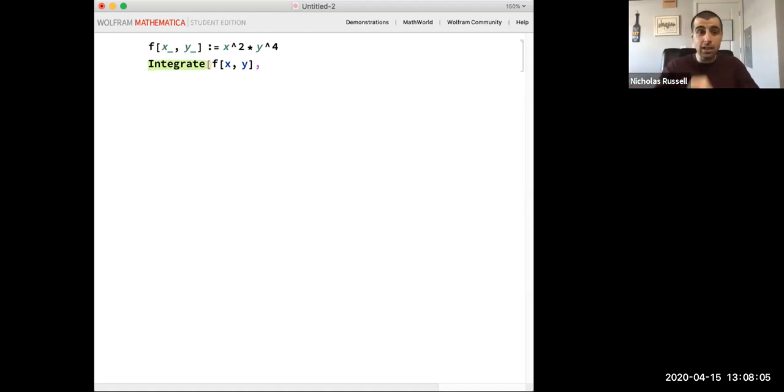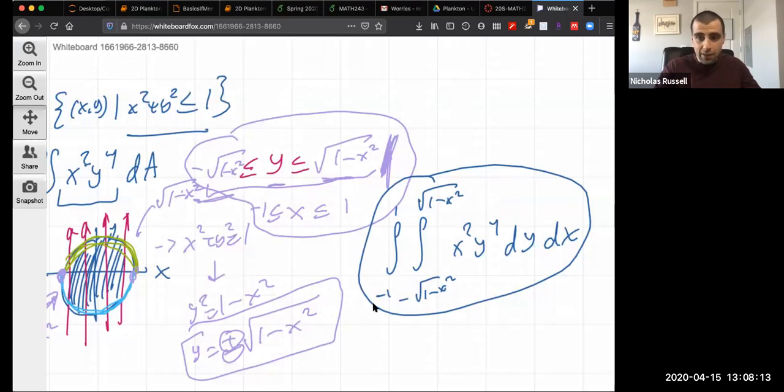So going back to this really quickly, this first limit on the left-hand side is negative 1 to 1. The second limit here is negative square root of 1 minus x squared to square root of 1 minus x squared. That's dy and then dx. You want to write it just like this, starting from the outside and going in.